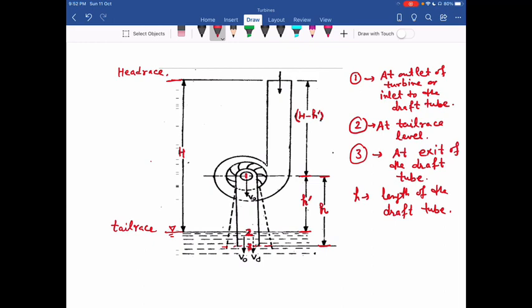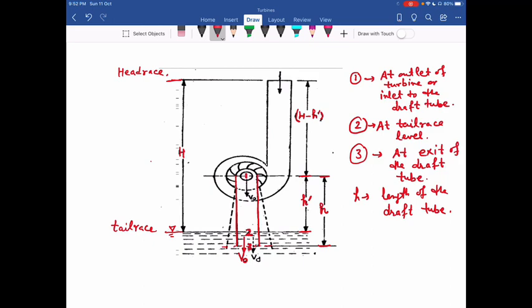Okay. So here I have two shapes of draft tube. One is of uniform cross section, you can see over here. With this, the outlet velocity is Vo.